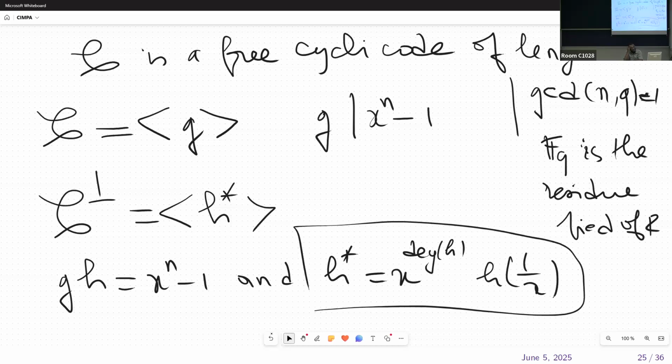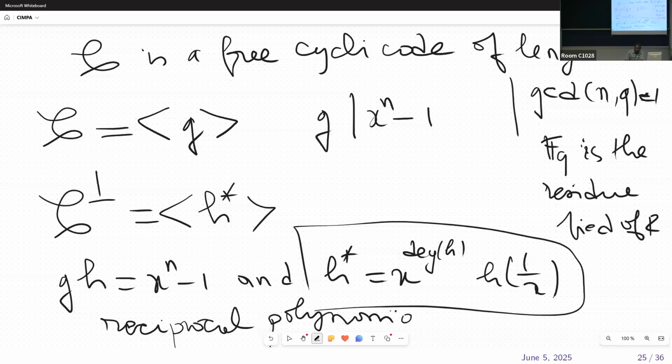In the lecture, we call h star the reciprocal polynomial of h.